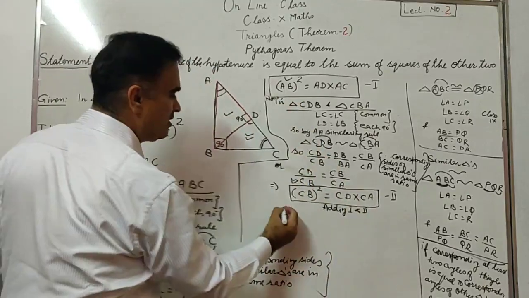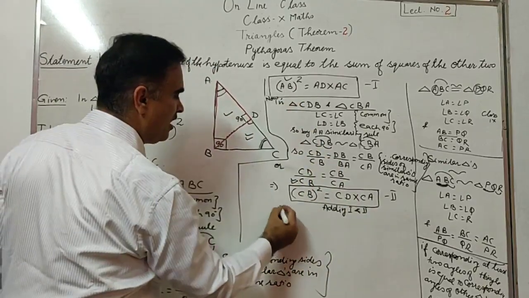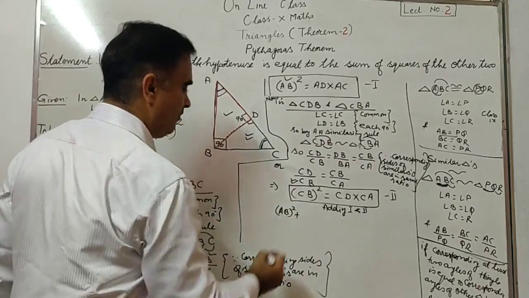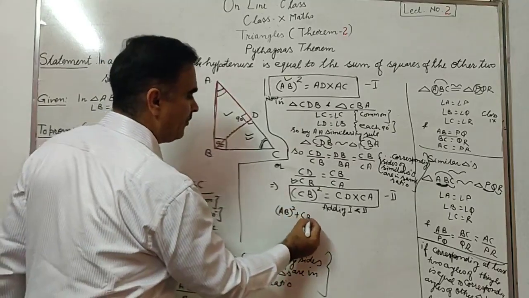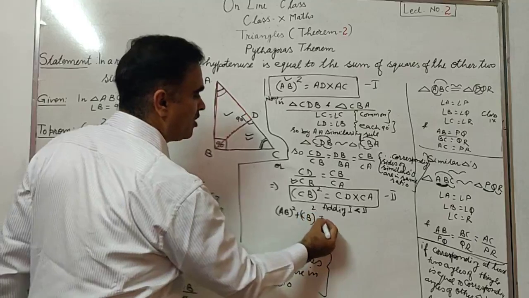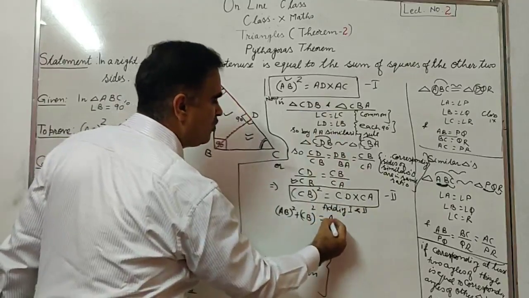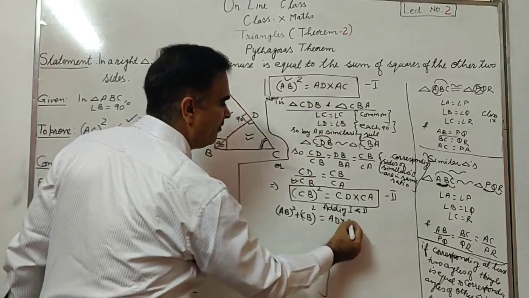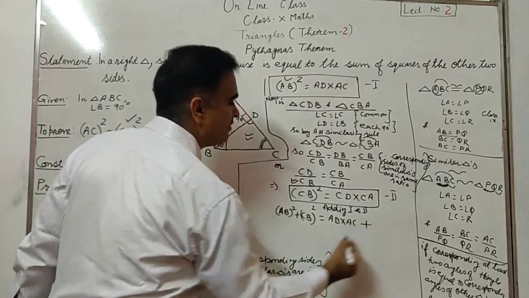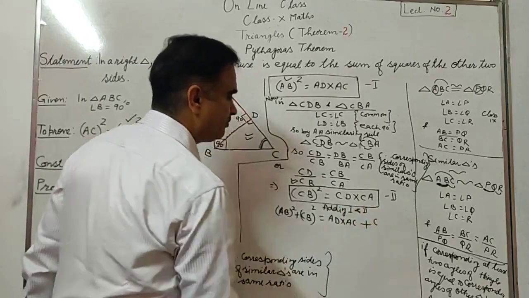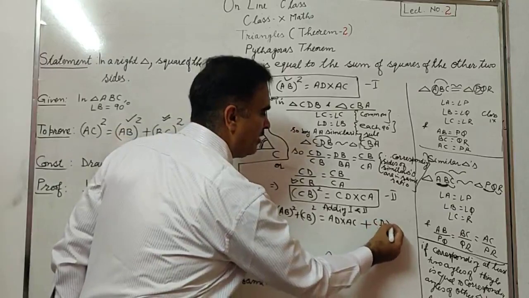Left hand side AB square plus CB square equal to AD into AC plus CD into CA.